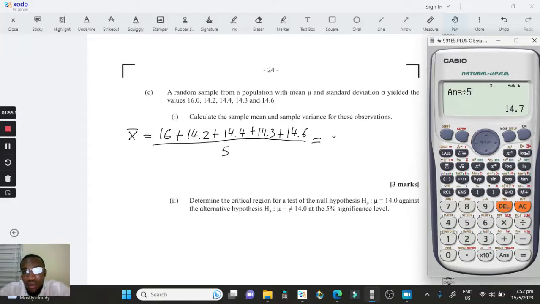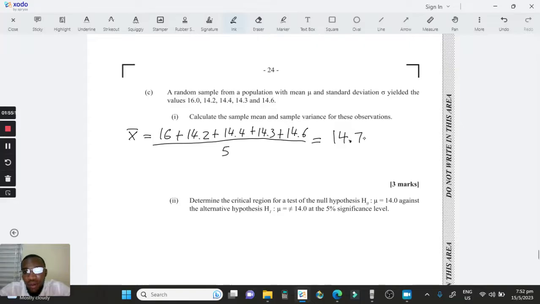That's 14.7. That's the sample mean. 1 mark. Now the sample variance, S squared, remember it's equal to the sum of xi squared minus the sum of xi, all squared over n. Then we divide it by n minus 1.